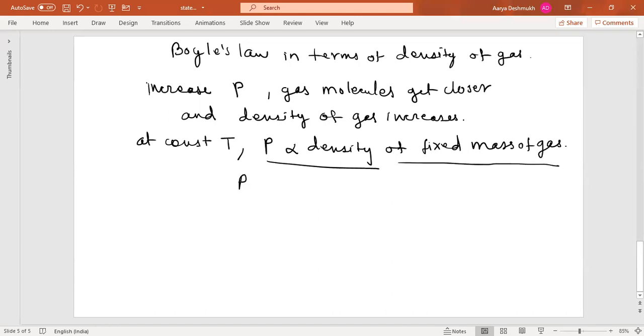Now we know this equation PV equal to K1. Therefore, we can write in terms of V, V will be equal to K1 upon P. We are just rearranging the equation.